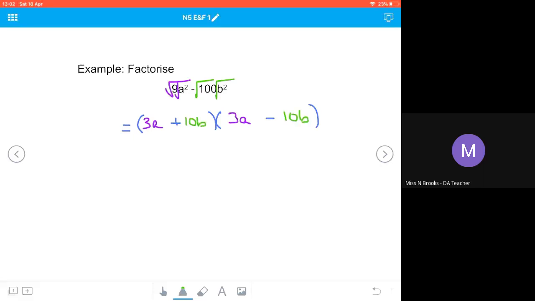And if we expand that out, we're going to get 9a squared, take away 30ab plus 30ab, and then take away 100b squared. So the negative 30ab and the positive 30ab cancel each other out, and so we end up back where we started with our 9a squared minus 100b squared.